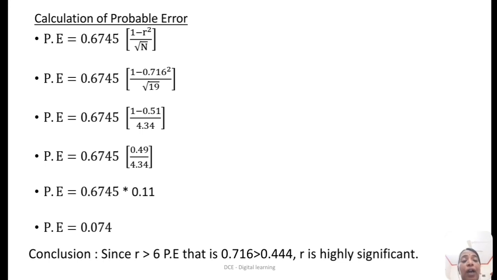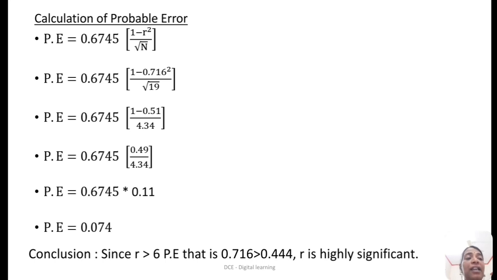We got 0.444 by multiplying 0.074 into 6. So we get 0.444. Now 0.716, that is the correlation value, is greater than 6 times the probable error.